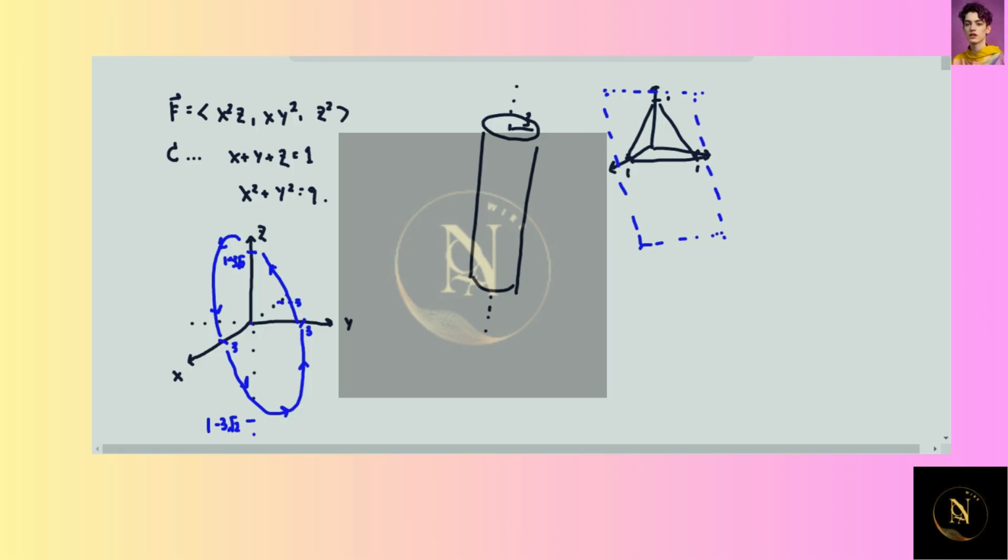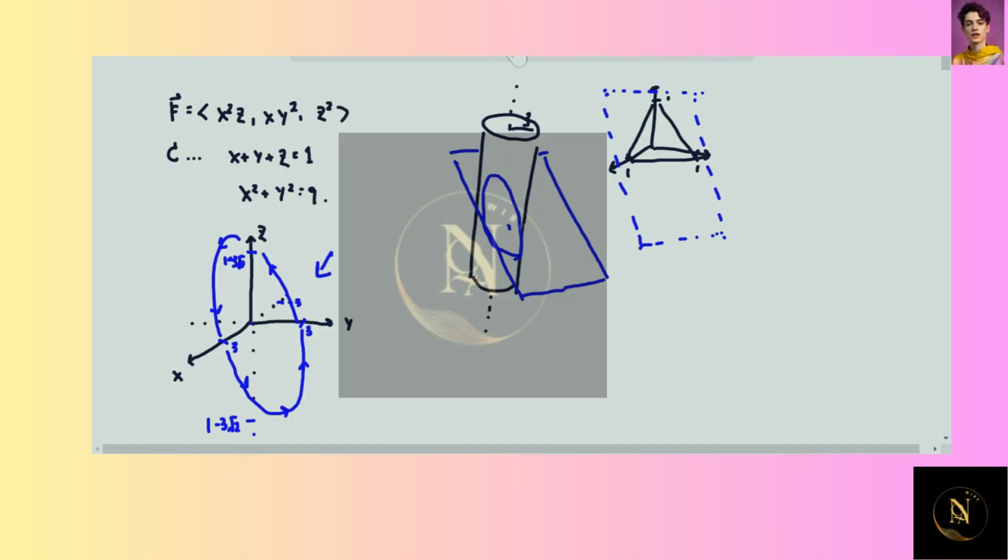Hopefully that helps you visualize this a little bit more. When I draw that sheet of paper so that it cuts through the cylinder, it will look something like this, and that's basically what I drew over here.